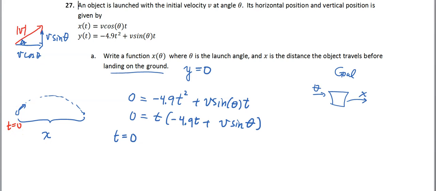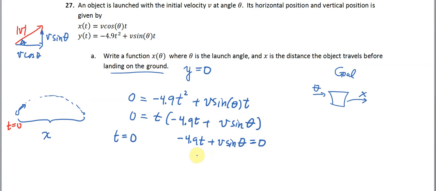And then at the end, we also know that negative 4.9 t plus v times sine of theta must also be equal to 0. Okay, so 0 here again indicates the height. So over here is the end location of the object, and the height is also 0.